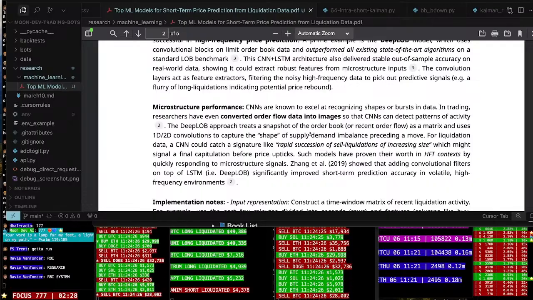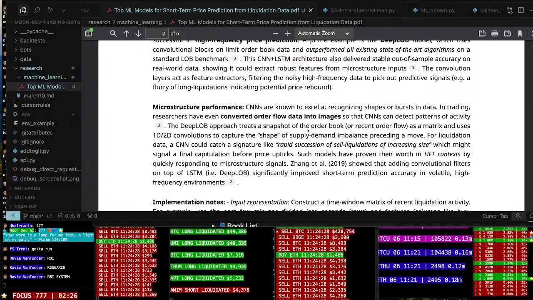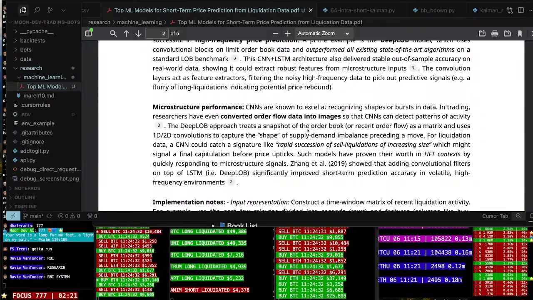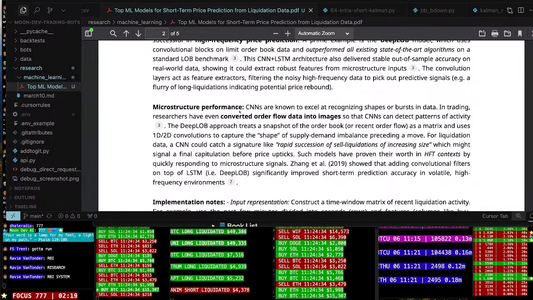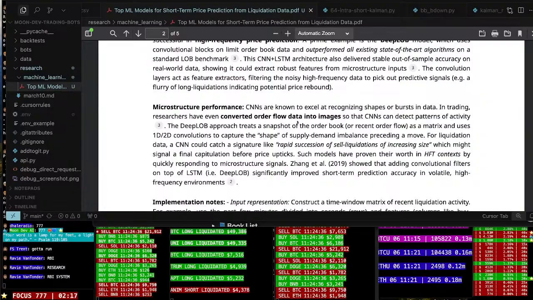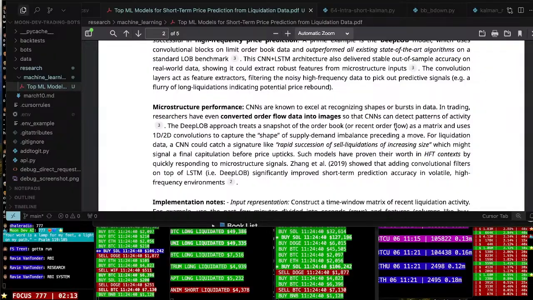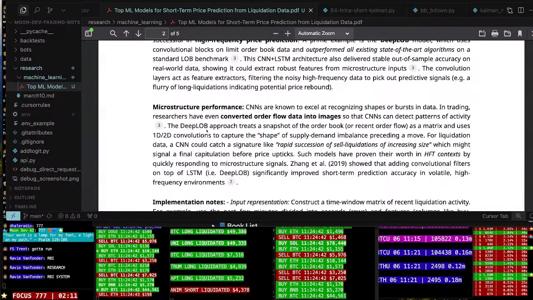Microstructure performance. CNNs are known to excel at recognizing shapes or bursts in data. In trading, researchers have even converted order flow data into images so that the CNNs can detect better patterns of activity.